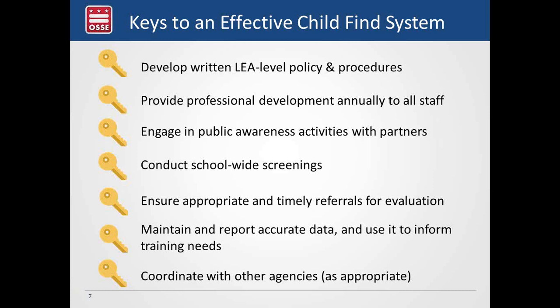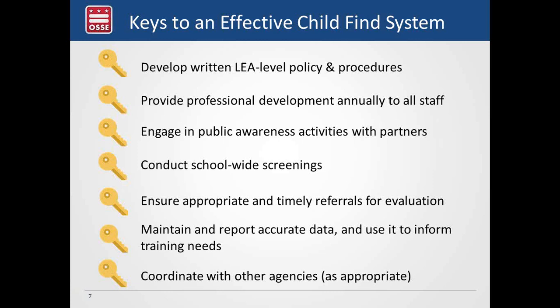You need to make sure that all of your staff who work with students in the general education setting have the professional development they need to be able to identify and flag for your school any students that actually might need to be evaluated. And part of this includes engaging in public awareness activities with partners.